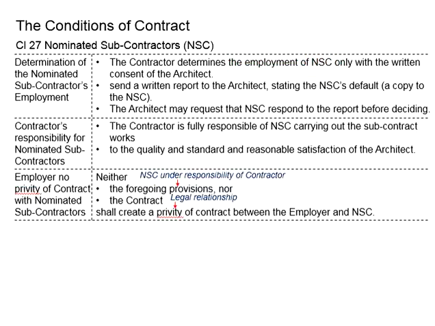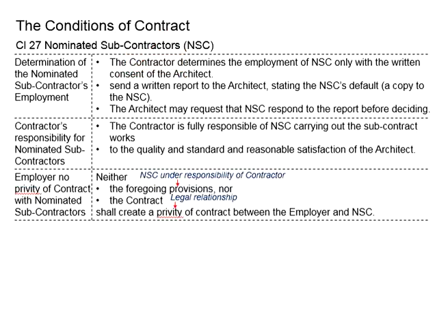That means the contractor can terminate the nominated subcontractor, but this will require the written consent of the architect, since the nominated subcontractor is nominated by the architect. The contractor will require the consent from the architect.